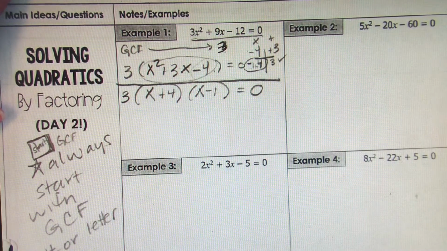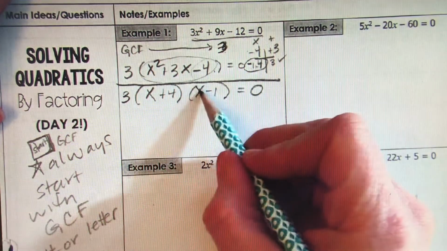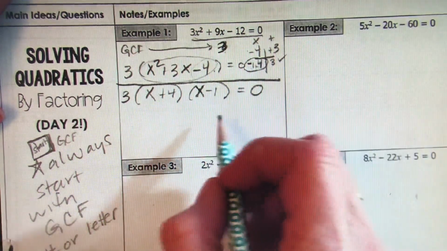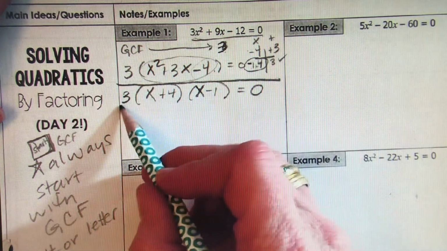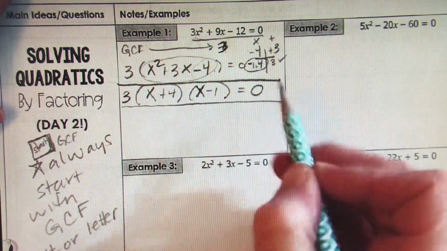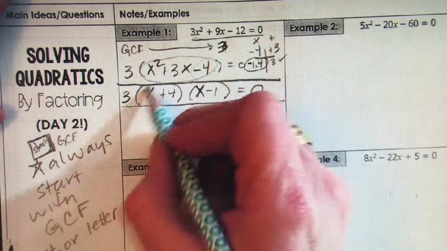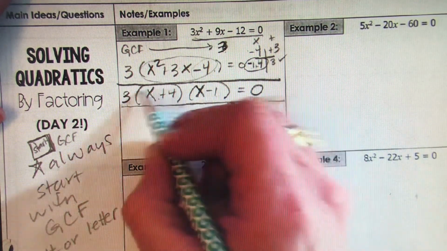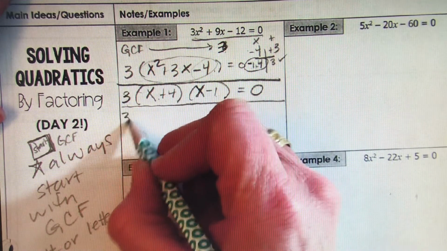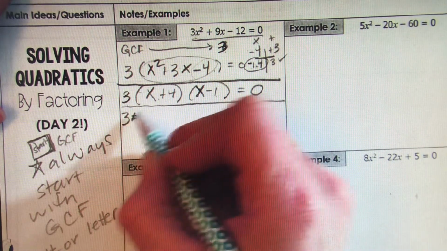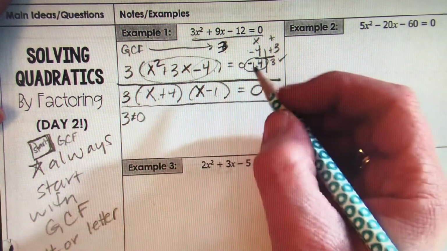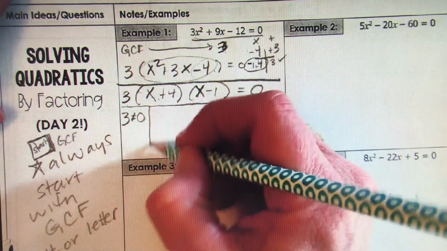Now remember one of our last lessons said, now that you have your factors, set them equal to 0. So I have 3 factors. I have 3, I have x plus 4, and I have x minus 1. Those are my 3 factors. Well, can I set 3 equal to 0? No, it's not equal to 0, so that's not going to work.